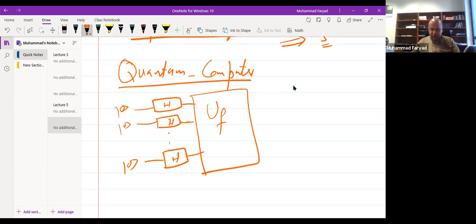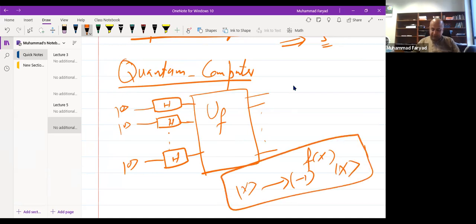I hope you understand that in a phase oracle this function doesn't appear at the output, but it appears like this: this input x is transformed to -1 power f of x. So you implement this function f in a phase oracle, you apply this phase oracle after the Hadamard transform, and then you apply the Hadamard again.